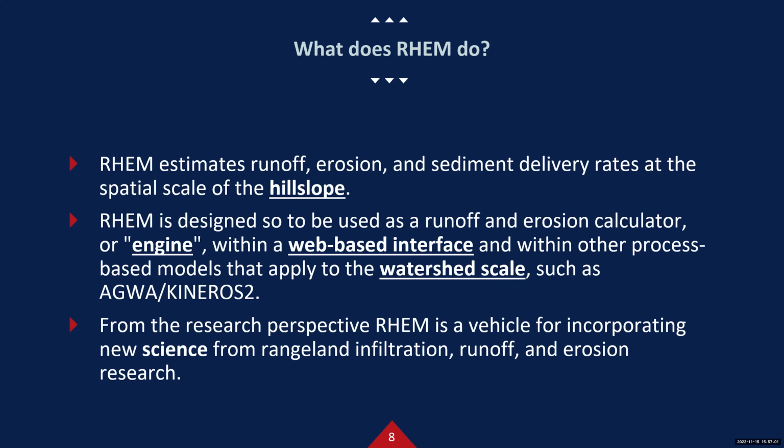WEPP is the Water Erosion Prediction Project. It is really designed for cropland situations where you have tillage and mechanical operations of the soil. And it looks at different cropping patterns, applications of fertilizer, pesticides, that sort of thing.